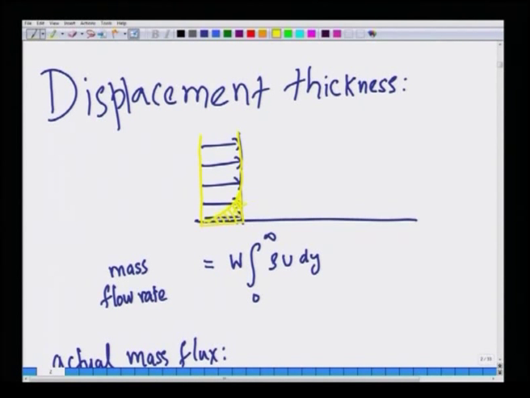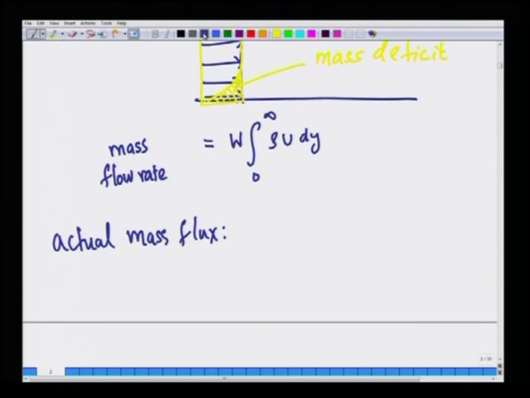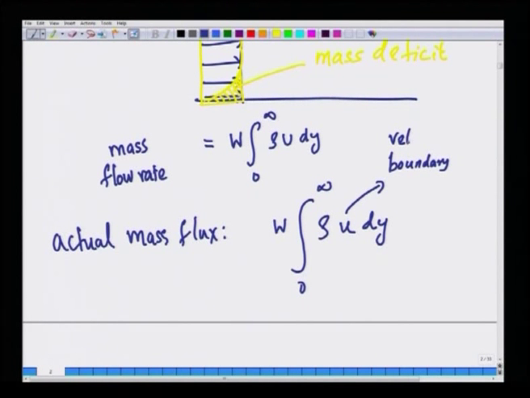This shaded region is the mass deficit, because that much is not flowing, which would have happened if the velocity profile was uniform right through. So, the actual mass flux is integral w 0 to infinity rho small u dy, because this is the actual velocity profile, the boundary layer velocity profile.